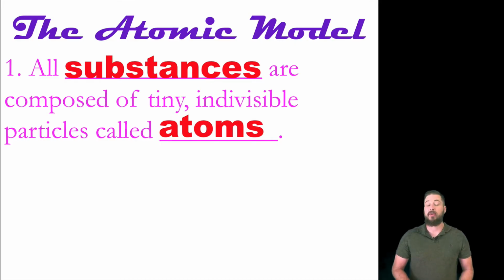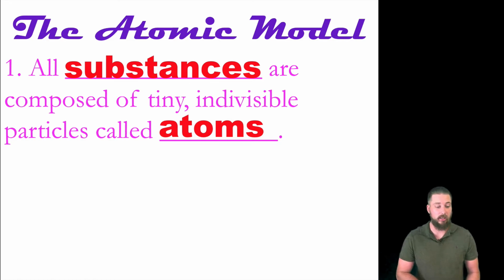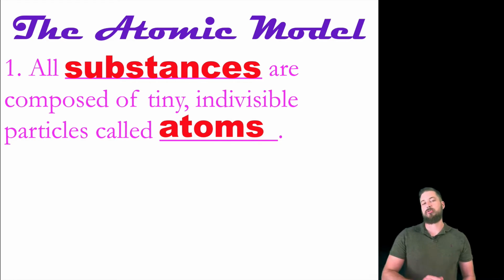So we have actually learned that you can divide an atom, and so what's wrong about this statement is that atoms are divisible, and you can divide them into subatomic particles, and we're going to talk about that later. So this statement's not correct because we later on discovered that you can divide atoms. It's just that when you do that, they're no longer the element that they were before.